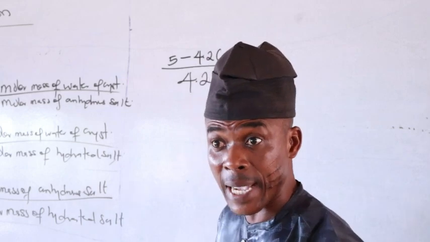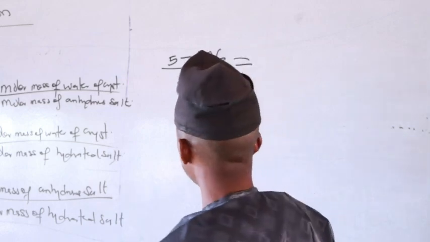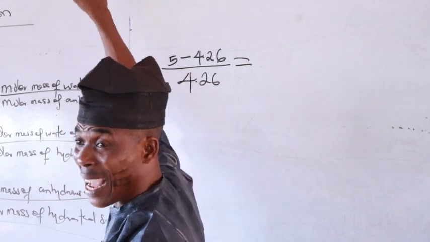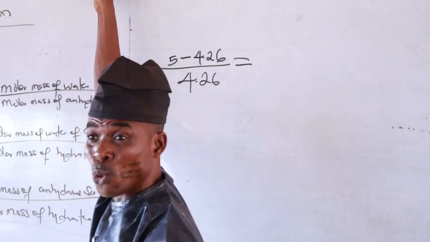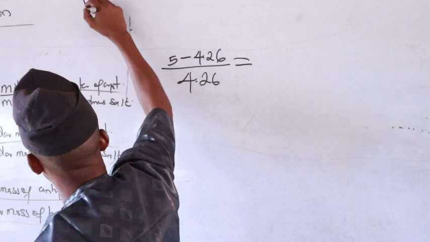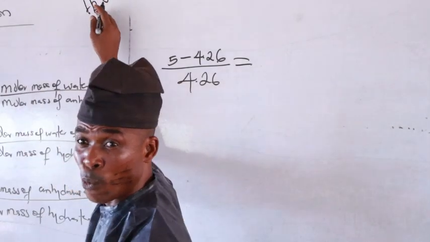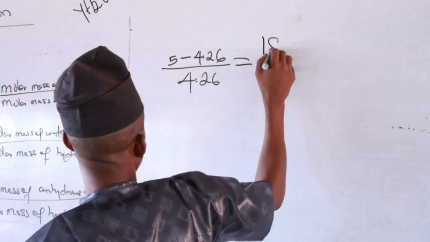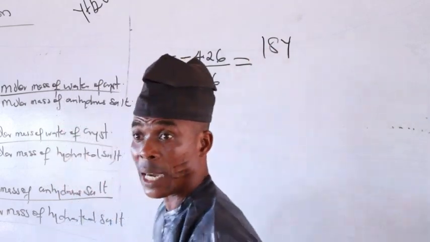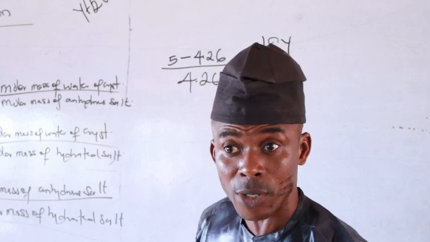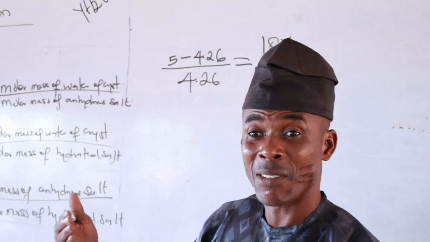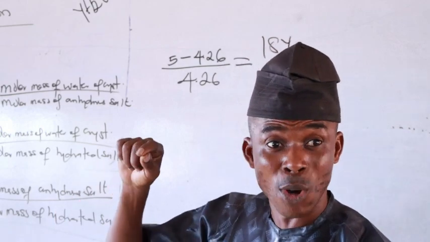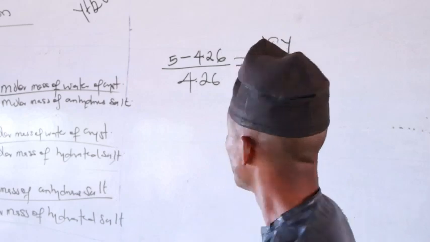The molar mass of water of crystallization is 18Y, or 18S, depending on what's given. Because the molecule we want to determine contains water, but the number of molecules attached to it you don't know, we use Y. So it goes to 18Y. If you use S, it's not out of it. Just use an alphabet to represent the number you are looking for.